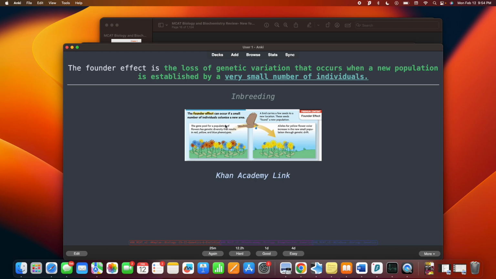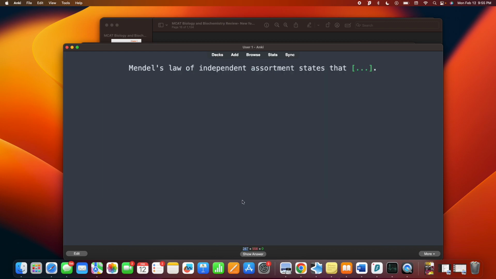So that's when the bird is just taking the genes into a new field, and all you get is the alleles for yellow flower color. This is the founder effect. Inbreeding, as they say. So interbreeding was genetic leakage, the zebra horse, and inbreeding is the founder effect.